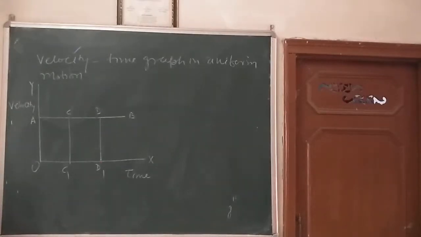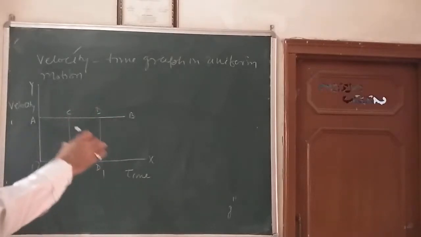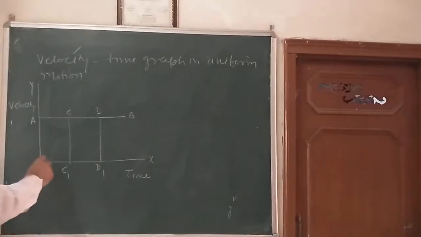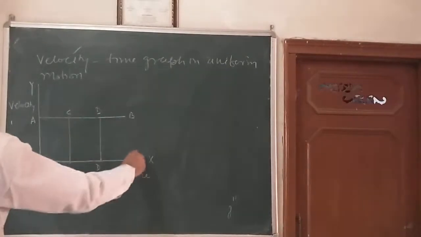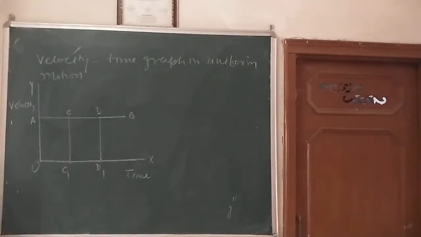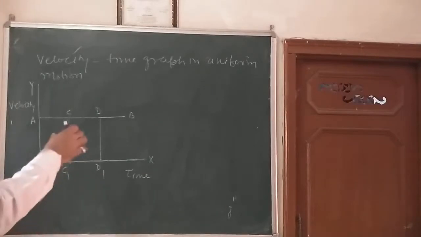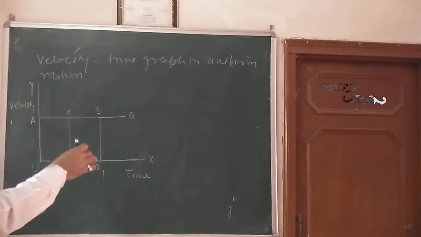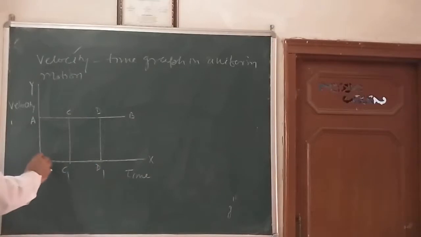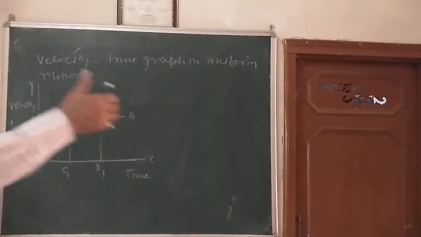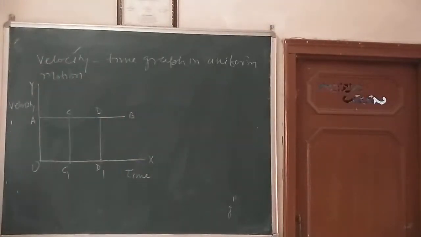Then with the help of this graph, what can we find out? Let the object be moving towards the right of the origin here. We can say velocity is positive.